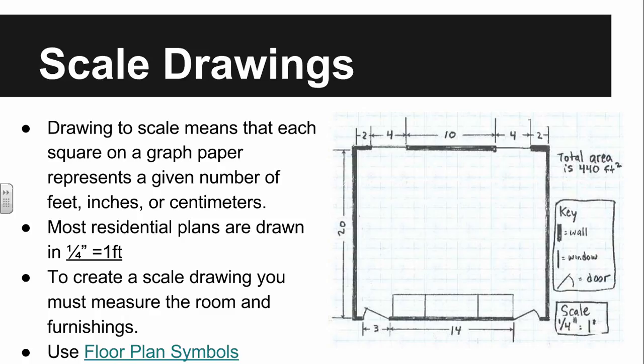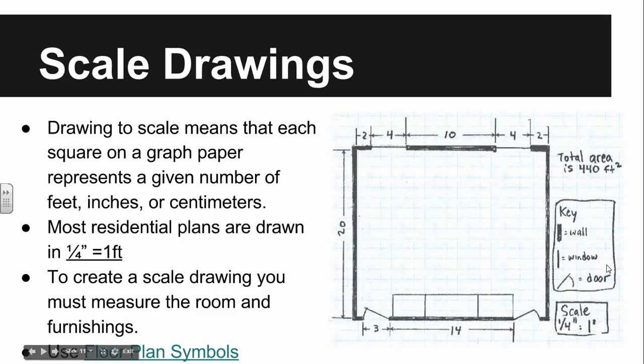The common scale that we're going to be using throughout this pathway, and a lot of interior designers use the same scale, is 1/4 inch equals 1 foot. So if you use graph paper, you're going to use graph paper where each box is equal to 1/4 inch, and each box represents 1 foot. You are going to be drawing out your rooms following that equivalent of 1/4 inch equals 1 foot.